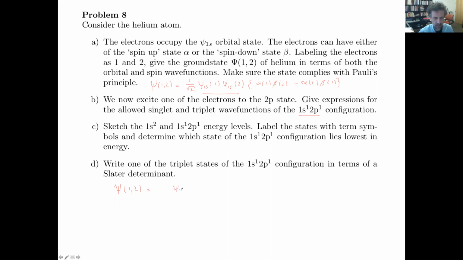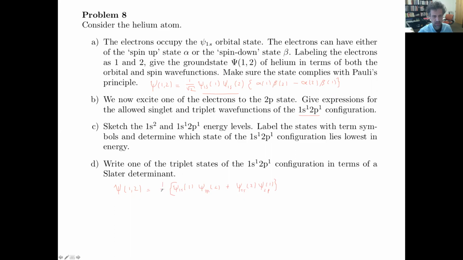So what I have here is 1s for electron 1, and then the second one must be in the 2p. That's one combination. And the other combination is when the second electron sits in the 1s and the first electron sits in the 2p.